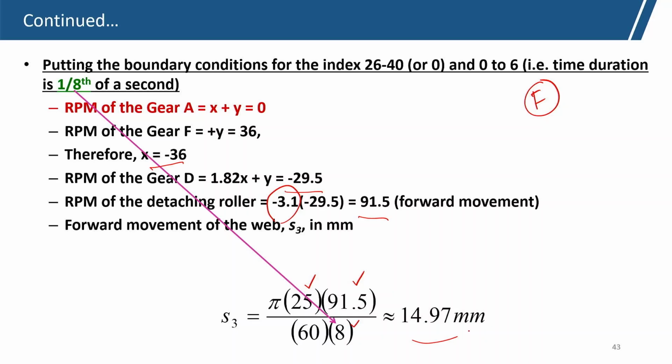So, we are getting effective forward movement of 14.97 millimeter in half of the cycle, that is 1/8th of a second.